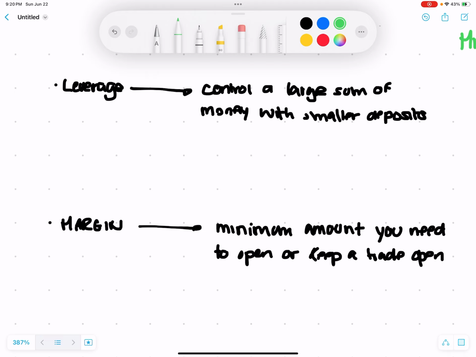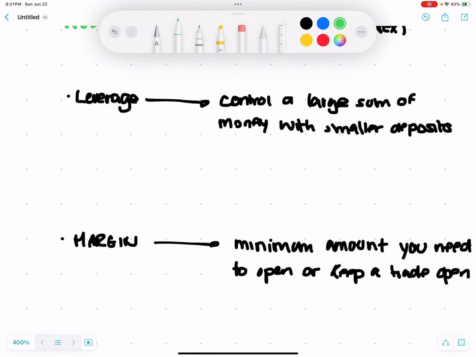If the car costs $100,000, they're going to ask you for a security deposit, so you put, I don't know, $20,000 down to still drive the $100,000 car. Trading is pretty much the same thing, except that you profit or lose based on the full $100,000 as if you owned it, even though you didn't put up the full amount.